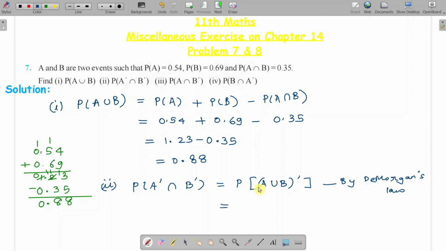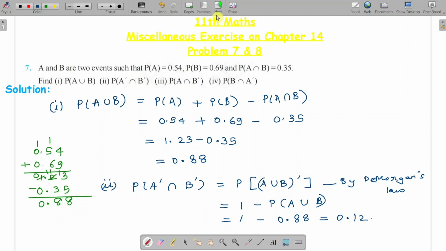So this is equal to what? Now probability of complement of a set is 1 minus probability of the set. So 1 minus probability of A union B, which is 1 minus 0.88. So that is nothing but 0.12. Okay, so this second sub problem we have solved.